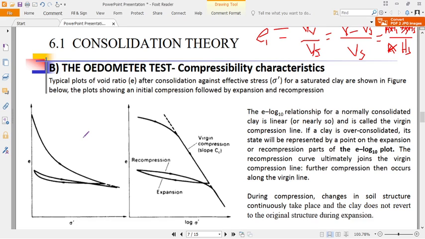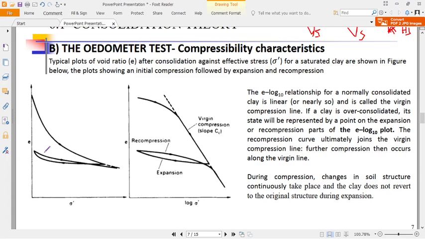We shall reach what we call a critical state of soil, where any other application doesn't cause any major deformation, any change in strain. Even after unloading, when you load it again it goes back to this line, then this line will become constant. This is for a normally consolidated soil.